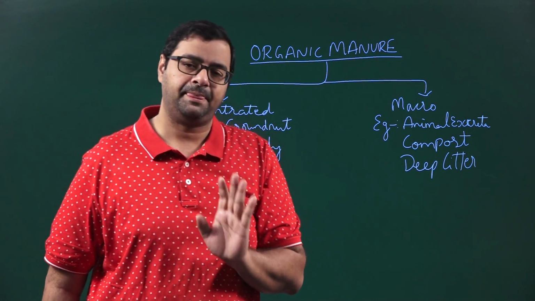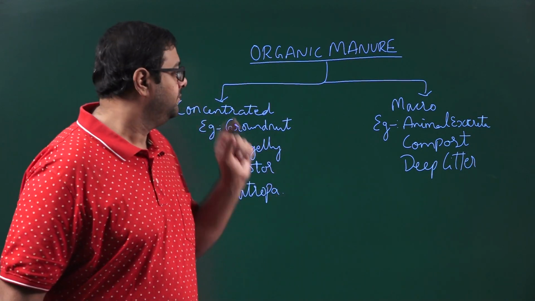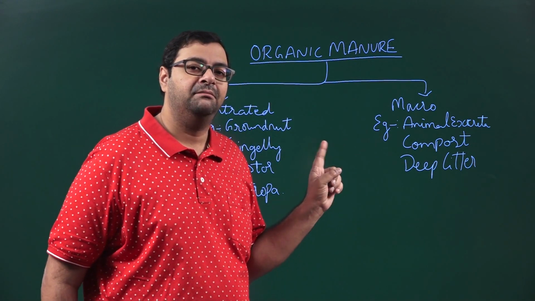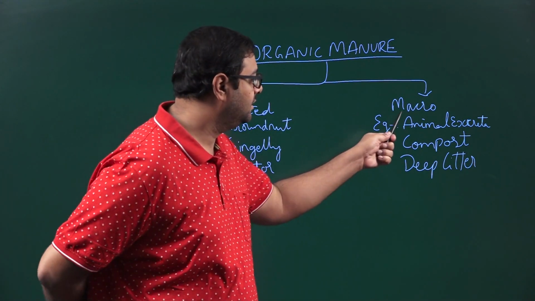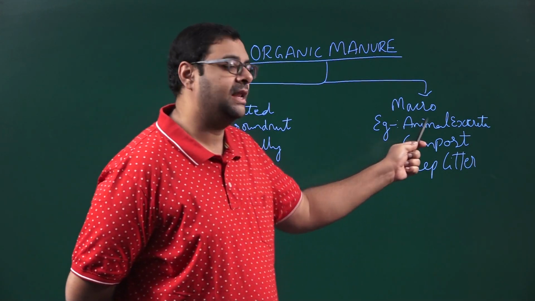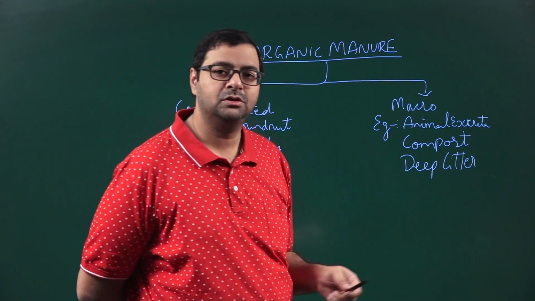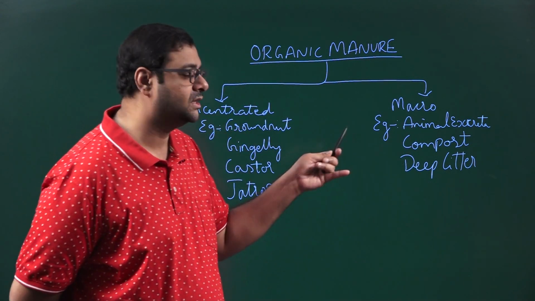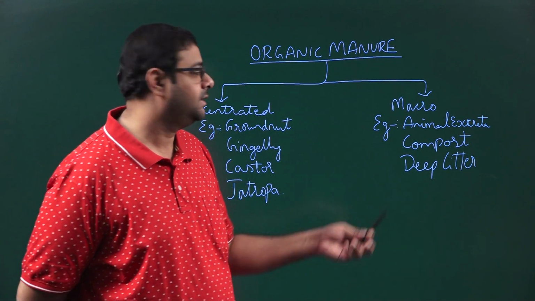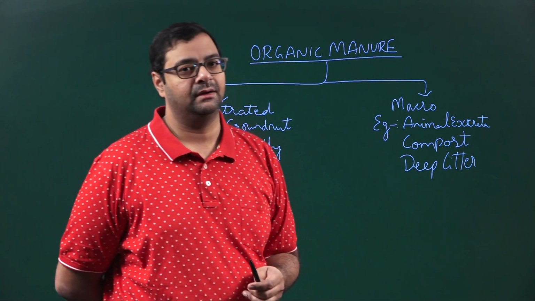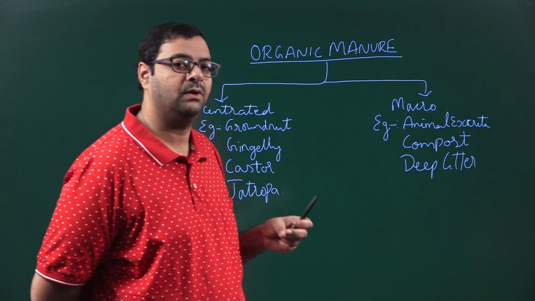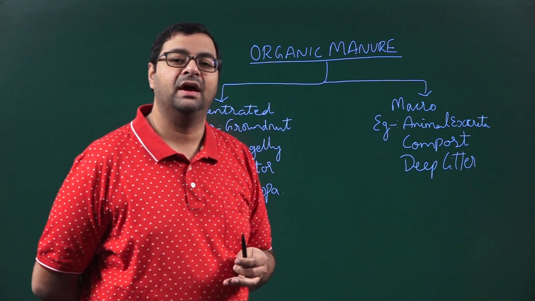So macro organic manure has examples like animal excreta, compost, which we discussed earlier, prepared using earthworms, and then deep litter. Deep litter is also one of the sources of macro organic manure.